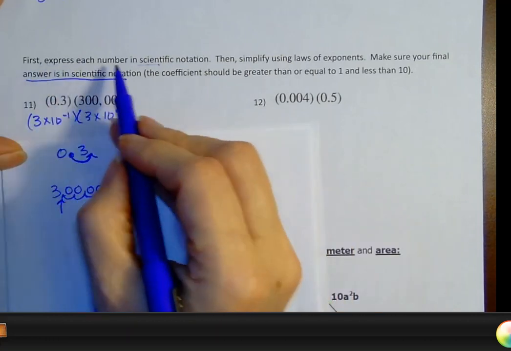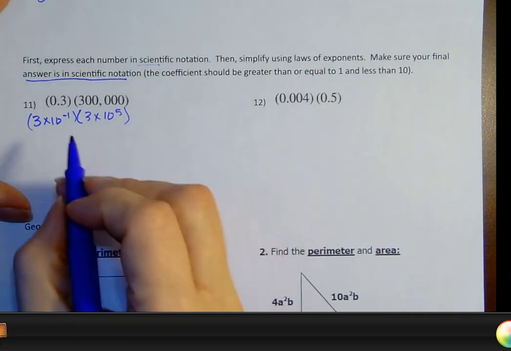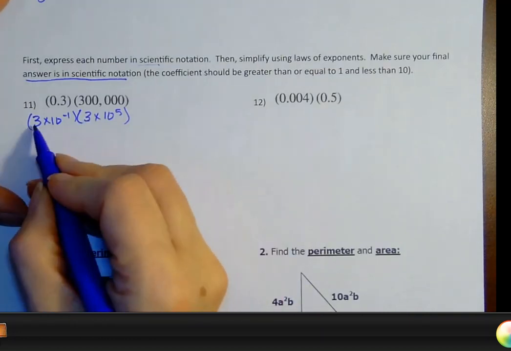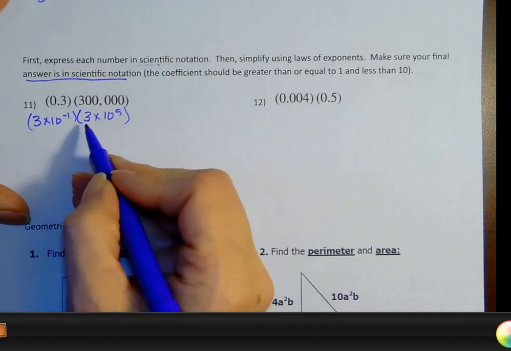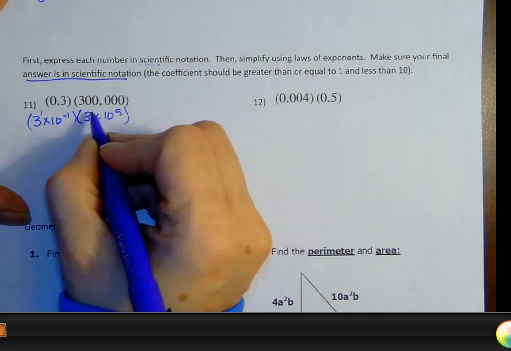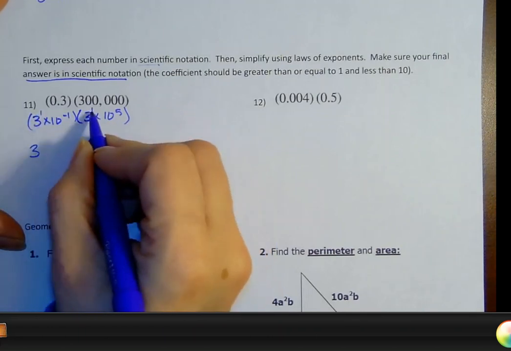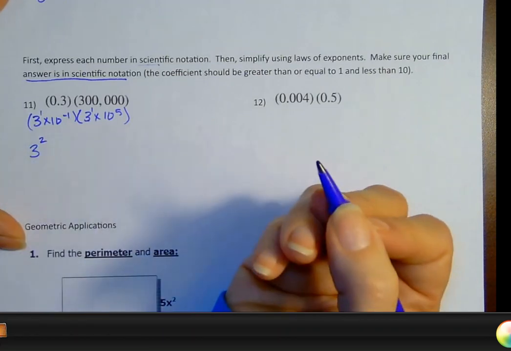Okay, so first, express each number in scientific notation. Check. Second, we're going to multiply. So I can multiply 3 times 3. You know 3 times 3 is 9, but if we want to keep the base and add the exponents, watch this. We keep our base of 3, and our exponents were 1 plus 1. It's 3 squared.